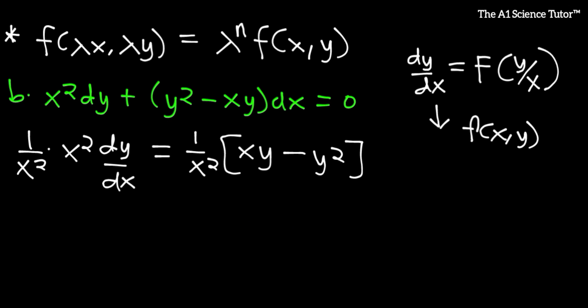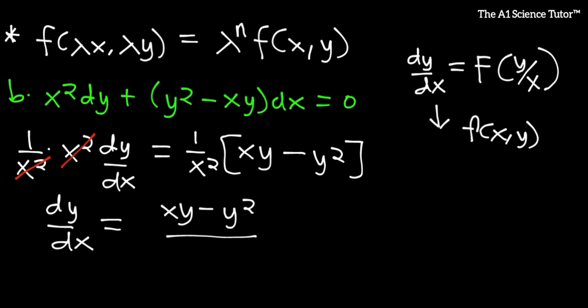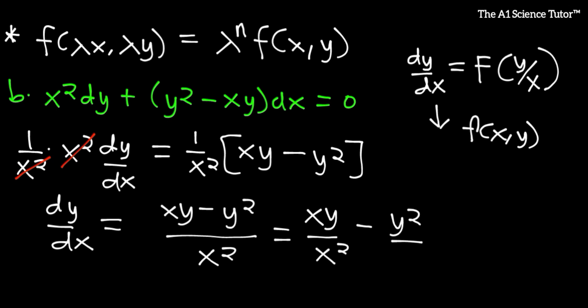Now over here, I know that x squared will cancel out the other x squared. So we should have dy dx left on the left hand side, and here we're going to have xy rather, minus y squared divided by x squared. Now this fraction could be split into this. So this is what you have.